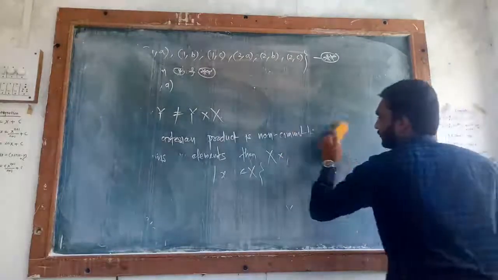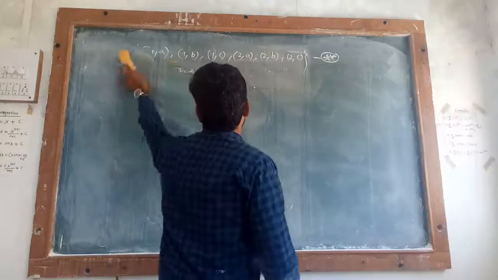If there are n sets, then what does the Cartesian product for n sets become?